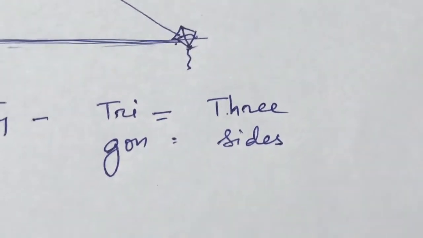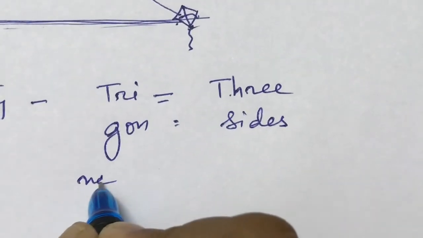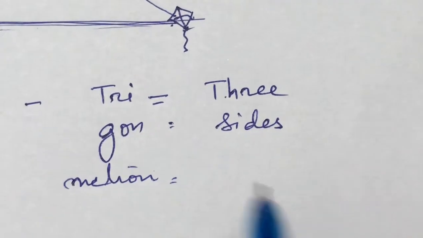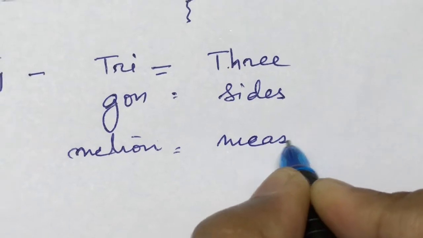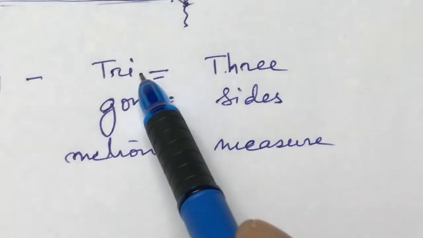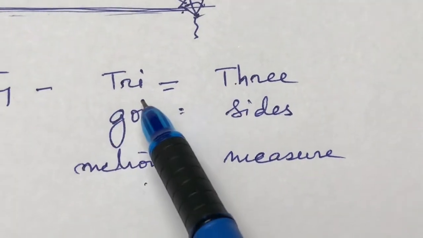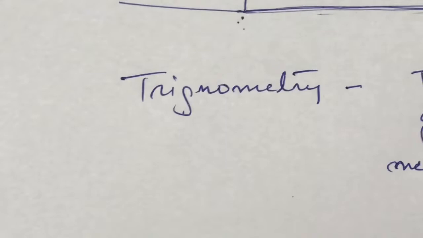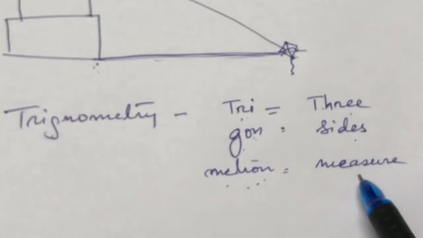Then you have the third one, metron. What is metron? It means measure. Trigonometron, so it is trigonometry: tri for three, gon for sides, and metron for measure.